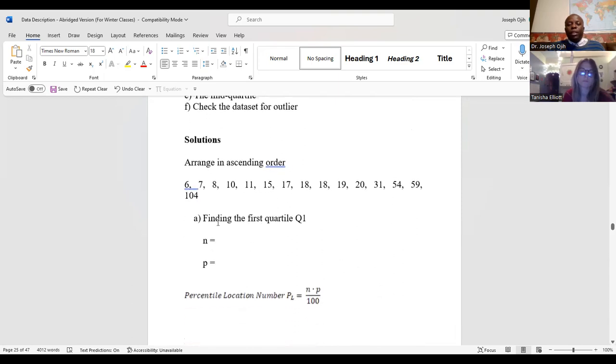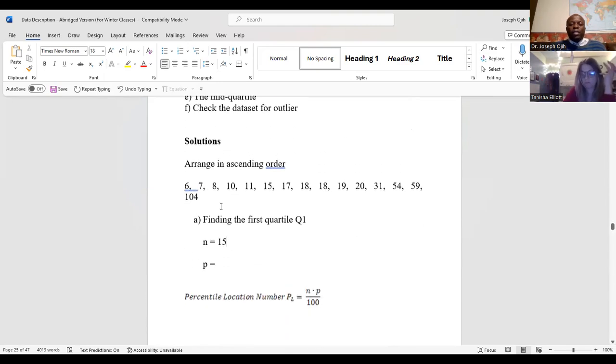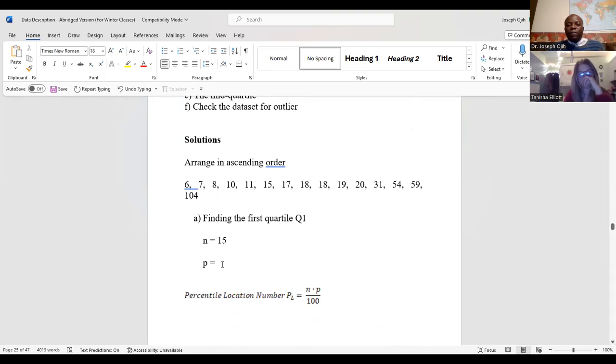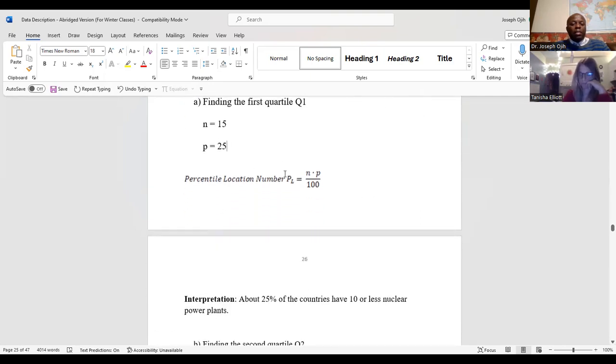So let's find the first quartile, Q1. How many numbers do we have? 1, 2, 3, 4, 5, 6, 7, 8, 9, 10, 11, 12, 13, 14, 15. So N is 15. They ask to find the first quartile, which is the same as the 25th percentile, so P is 25. Remember, it's the same formula, N times P over 100.